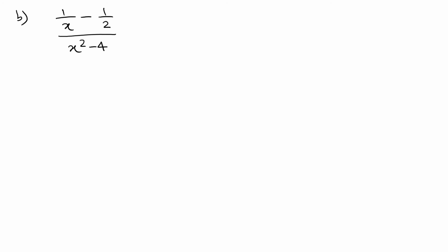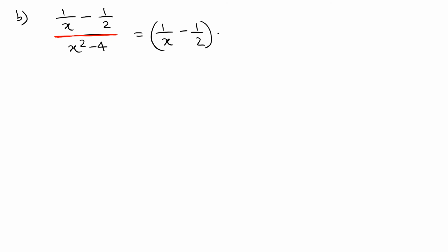Let's say we have 1 over x minus 1 over 2, divided by x squared minus 4. This is the major division here, the main division. What we can do, as before, is write the first one as it is, 1 over x minus 1 over 2, in parentheses now, and then make it a multiplication and flip over.